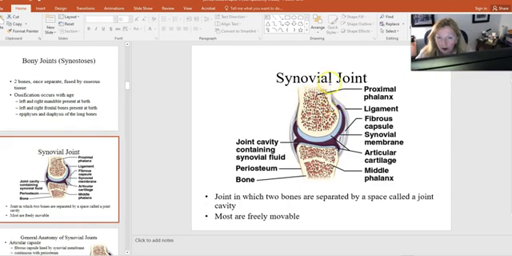All of them are going to have this encapsulated joint that is enclosed by this synovial membrane, and within the capsule there's going to be a secretion of a fluid we call synovial fluid. We'll take a look at what synovial fluid is made of, and also its function, in just a second.